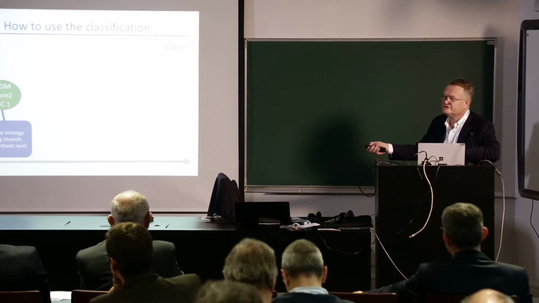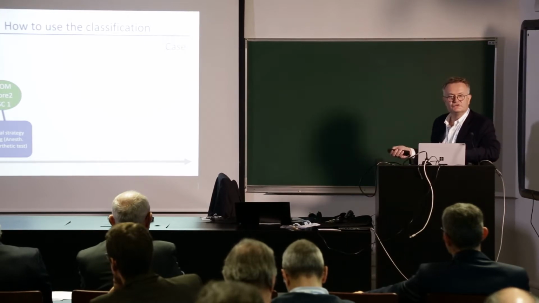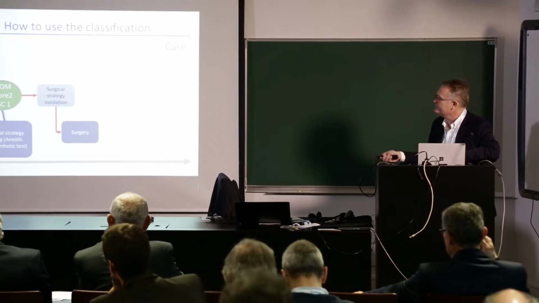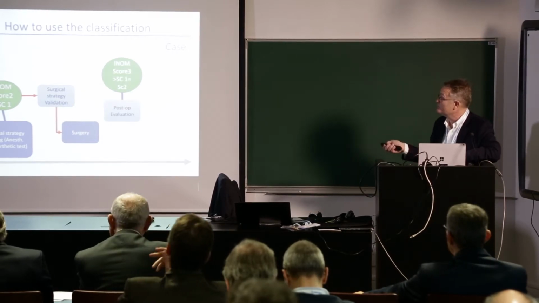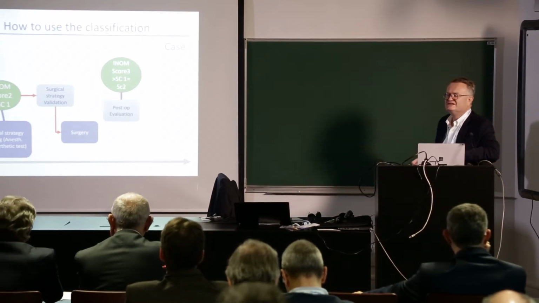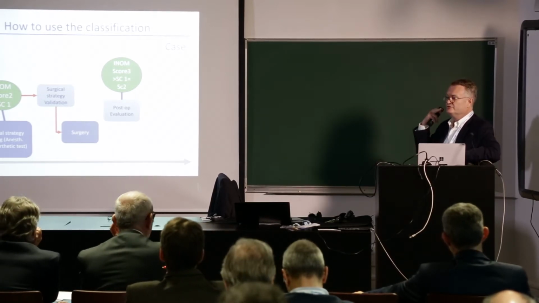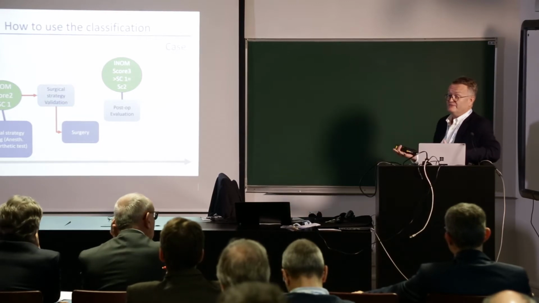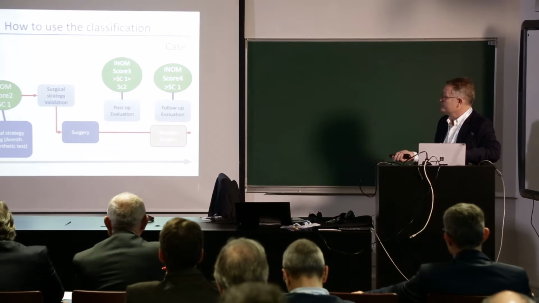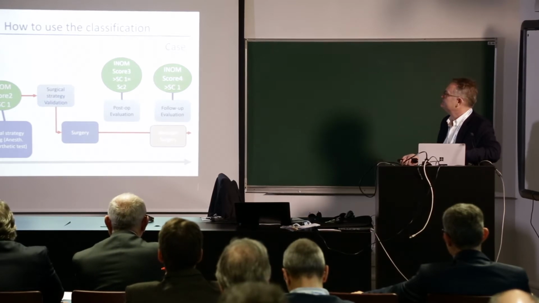If the score changes, you validate your strategy. You perform surgery, and after it's possible to follow the patient with the score and the evolution. It's interesting because it's possible to follow the patient without seeing the patient directly, only with the score. And you can decide to have the revision.